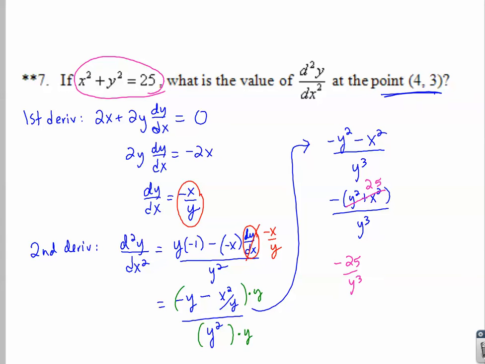Then we have less to plug in, less number crunching. Y is 3. So at the point (4, 3), we get negative 25 over 3 cubed, or negative 24 over, oh, where'd my 24 come from? Let's fix that. Negative 25 over 3 cubed, or negative 25 over 27.